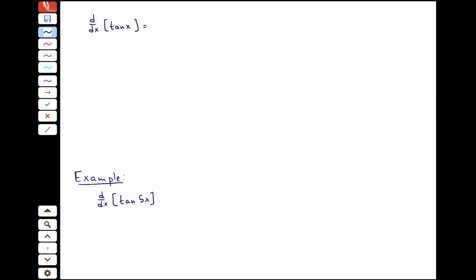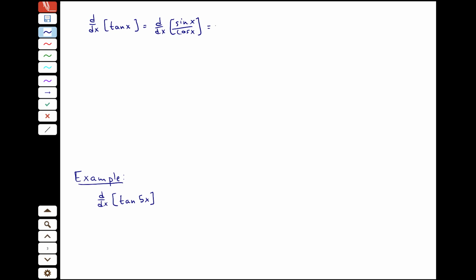Let's see another example of a derivative, and this time instead of deriving the formula graphically, I'm actually going to use what we already know. So remember that tangent is sine over cosine. And so I can use the quotient rule to find the derivative of tangent.